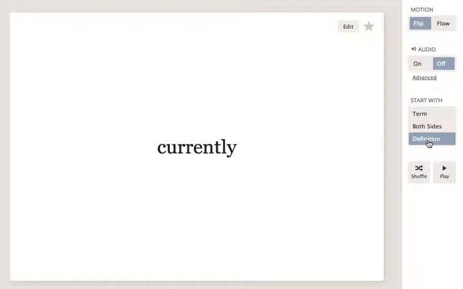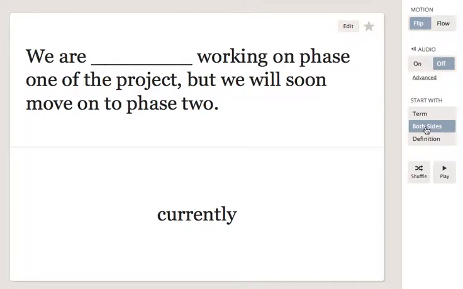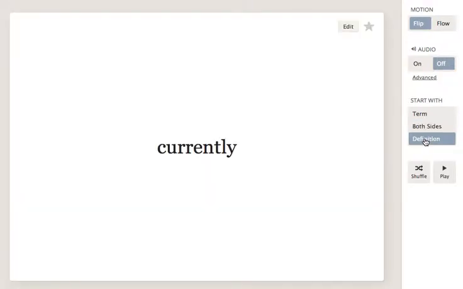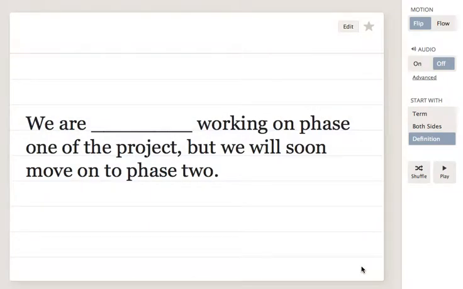When you get to this bit, you probably can't remember the rest. You could go back and look at it again. But we will soon move on to phase 2. Try again. We're currently working on phase 1 of the project, but we'll soon move on to phase 2. Let me check it. Yes, okay, but it's quite difficult when it's long. So the key is do this with shorter examples.